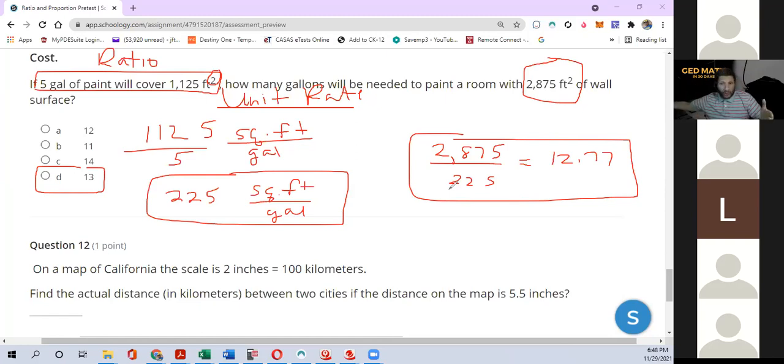So then you buy the 13th gallon, but you have some left. This is how painters calculate how much they're going to paint. This is how carpenters see how much carpet they're going to need. This is a question you need to understand. You will have something like it.